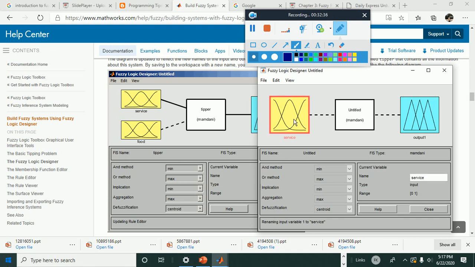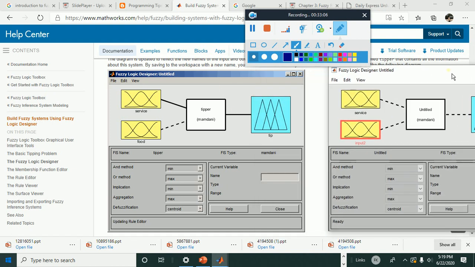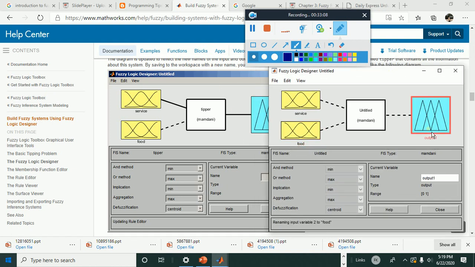Now we will add a new input variable. So we have two input variables, and here we will give a name food, and the output variable we will name as tip.